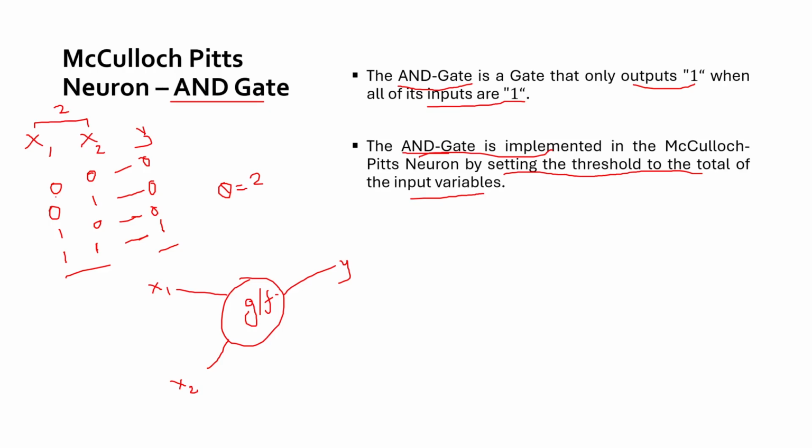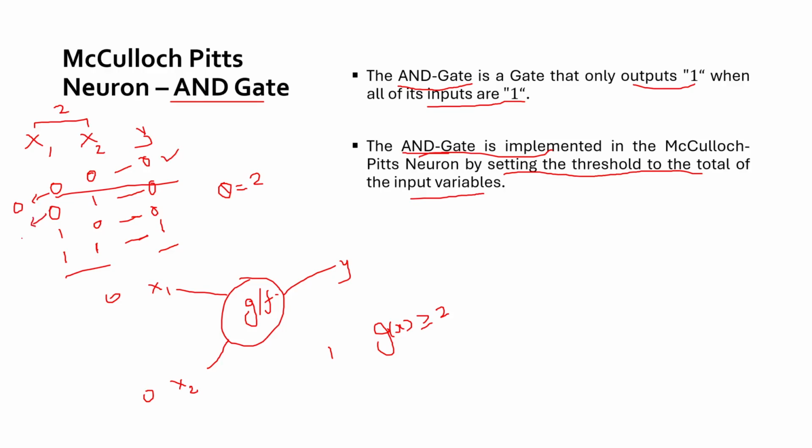So in this case, you will get 1 when g of x is greater than or equal to 2. In this case, it will be 0 and 0. The sum is 0 plus 0, it is 0, so you will get output 0 also.